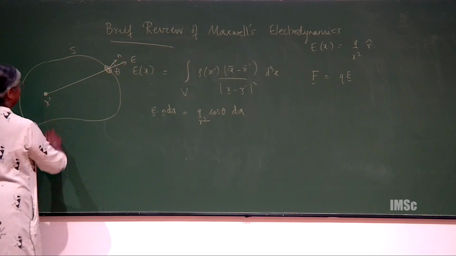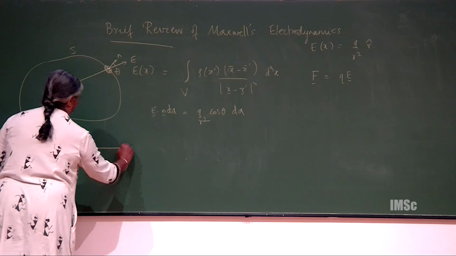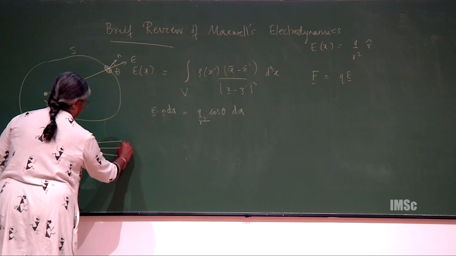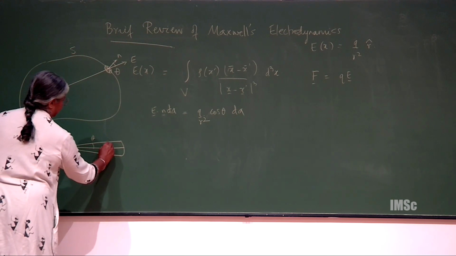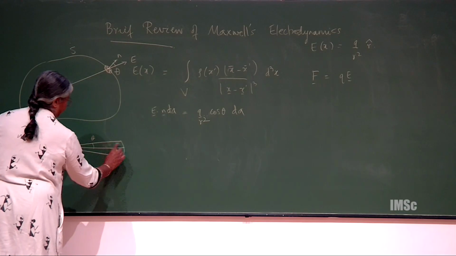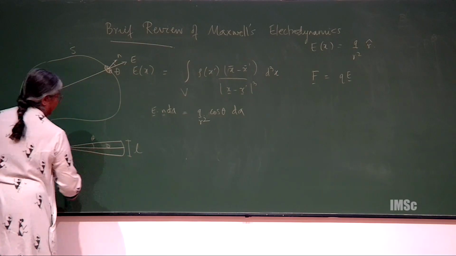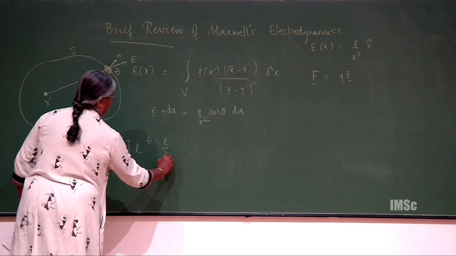But how do I understand this dA? Let me write dA like this. Suppose I have in 2 dimensions an arc of a circle, then this is theta, and if this distance is L, and the distance from here I call capital D, then theta is equal to L by D, right?